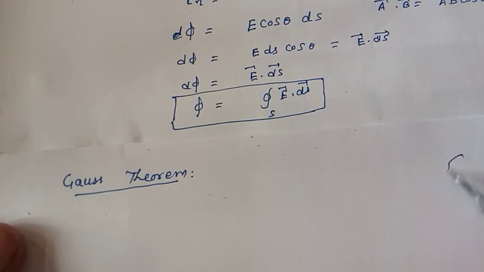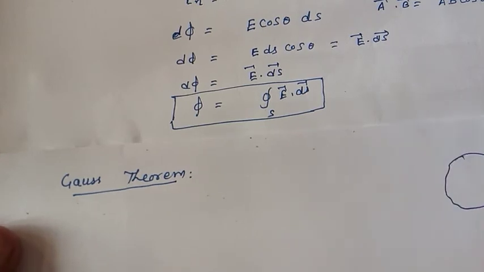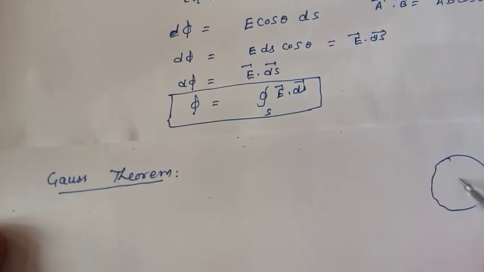Suppose you are having a surface like this one and a charge Q lies inside this surface. So what does the Gauss theorem say? Gauss theorem says the electric flux through this closed surface is equal to 1 upon epsilon 0 times the charge inside this surface.